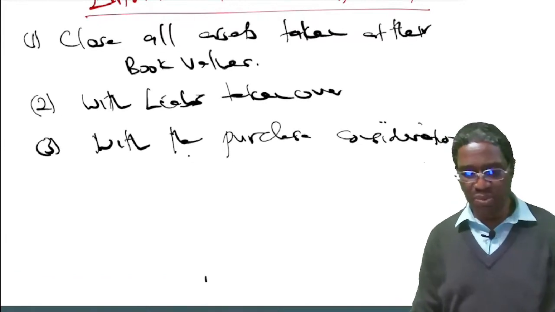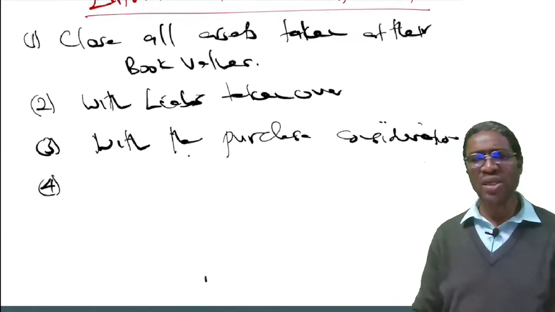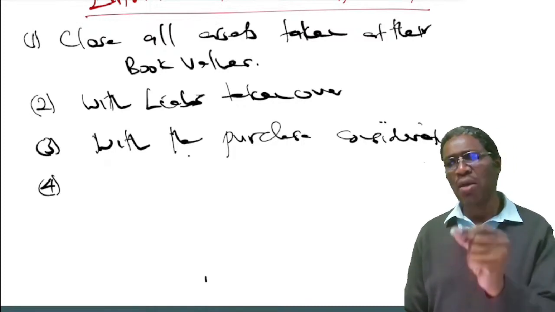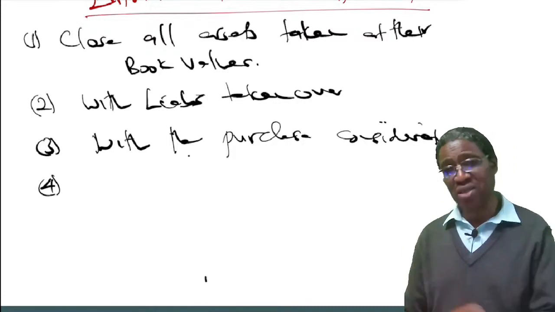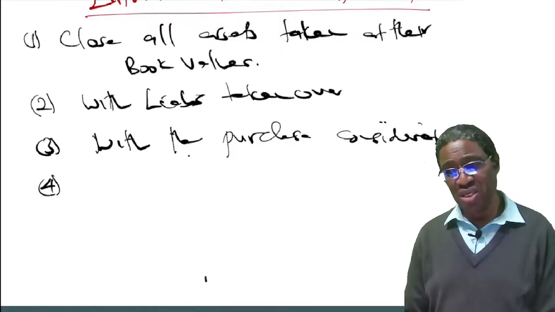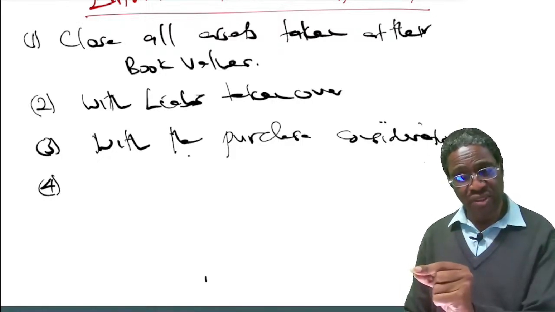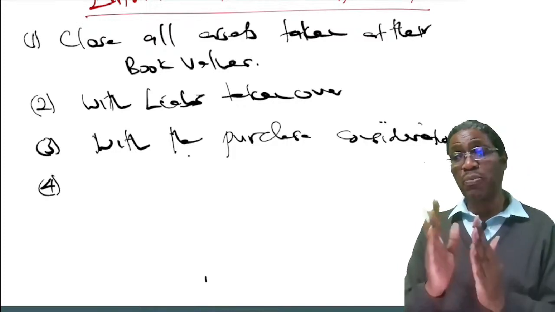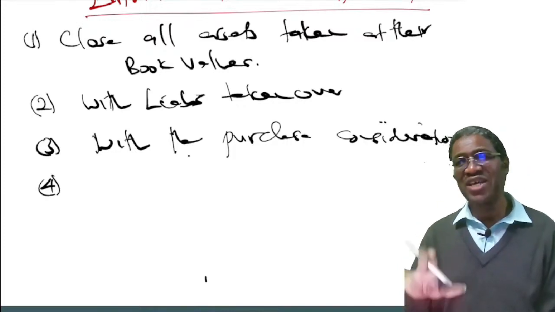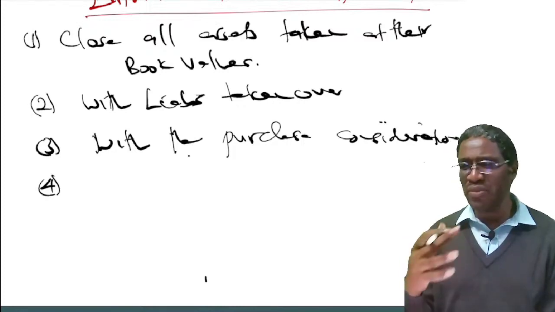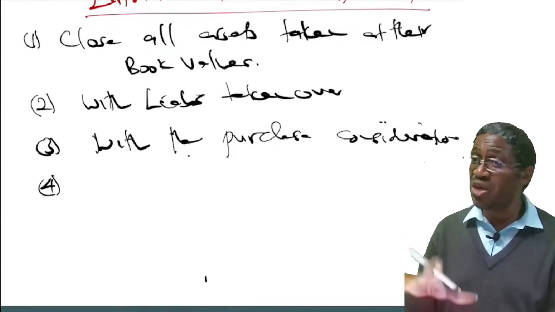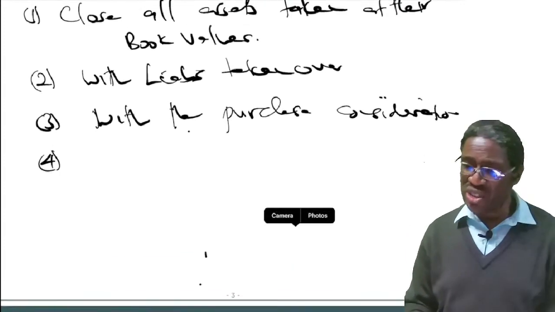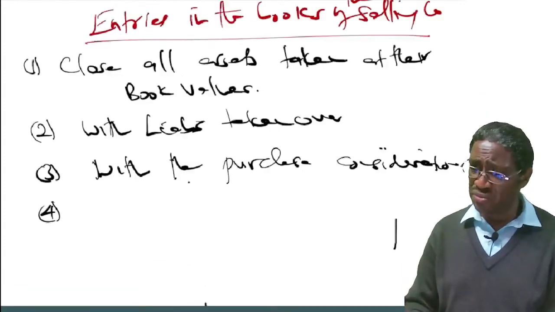Let me go to step number four. We have said company A must be liquidated. In the process of liquidating themselves, they may be required to incur some liquidation expenses. Of course, when you are liquidating yourself, there could be a cost of liquidation.